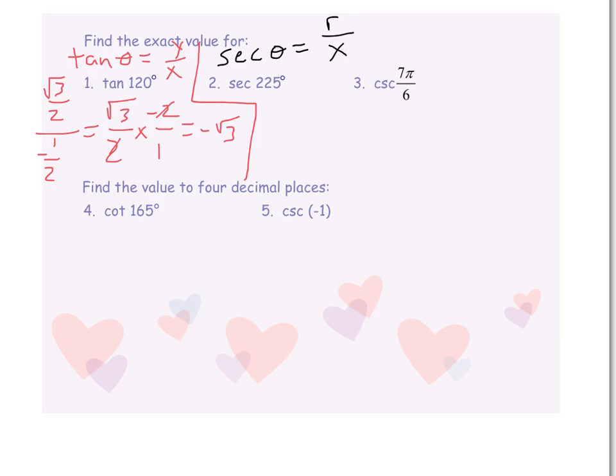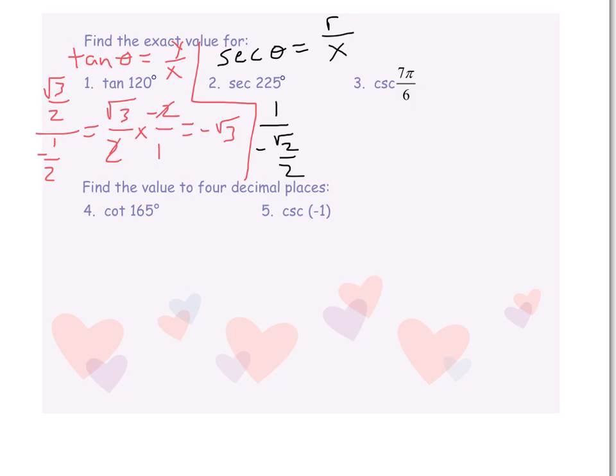So for the secant of 225, r is 1, and the x-coordinate associated with 225 degrees would be negative square root 2 over 2.